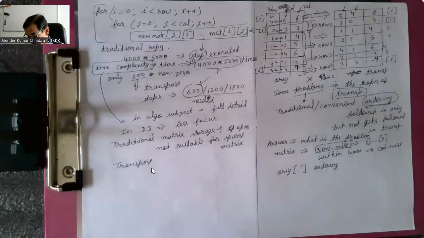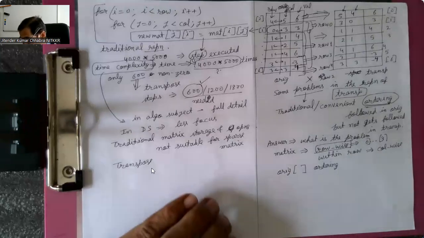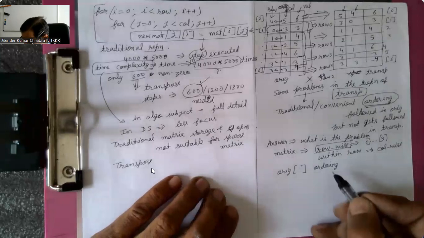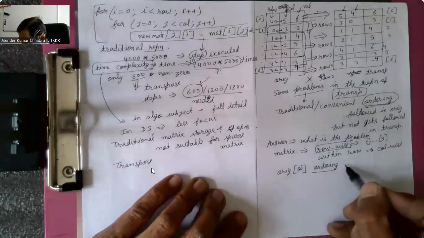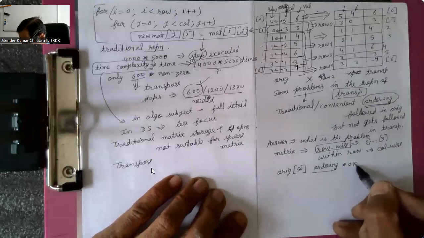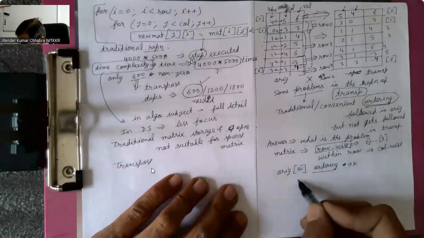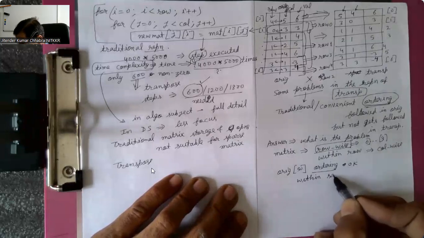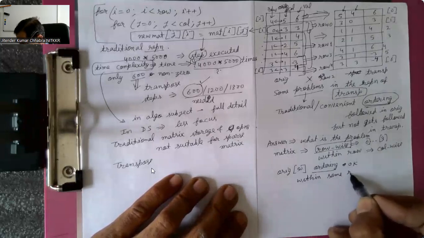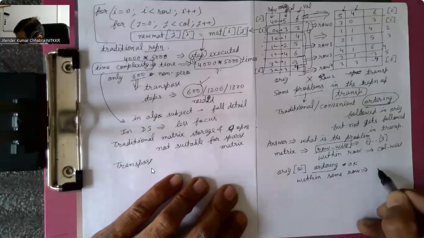And we always say conventional, meaning the user's representation is not to be disturbed. The rest all the programmer has to take care of. So in my original array, this matrix's ordering was okay. Not only that, within the same row, the values were automatically ordered based on column number.